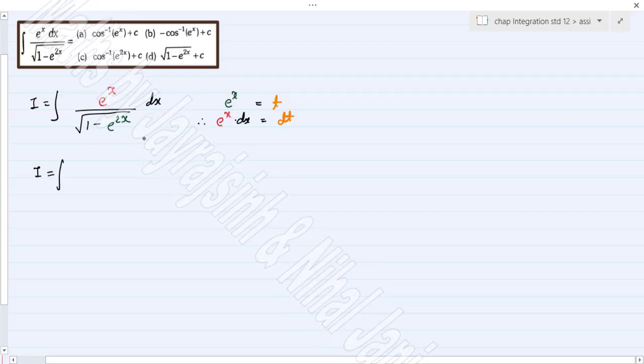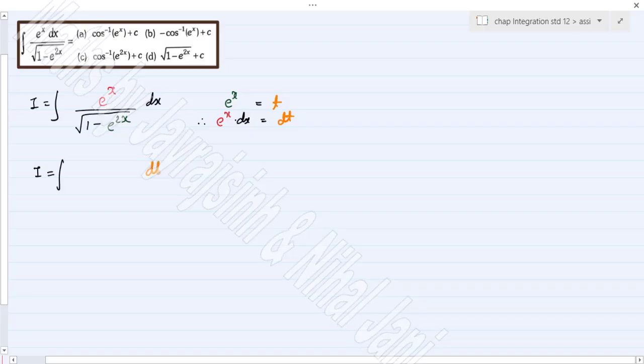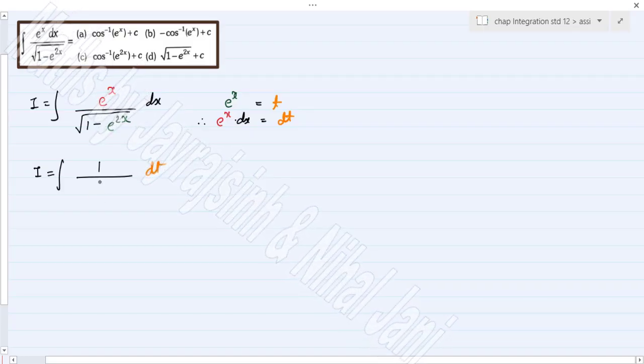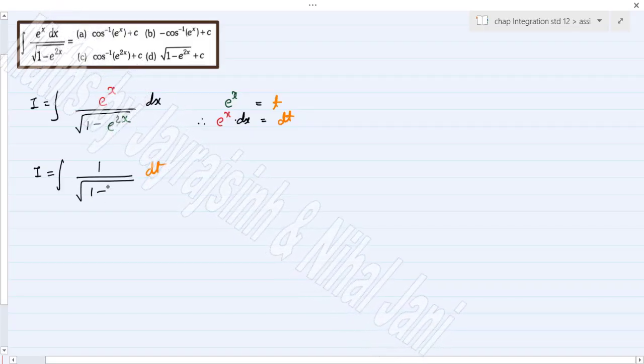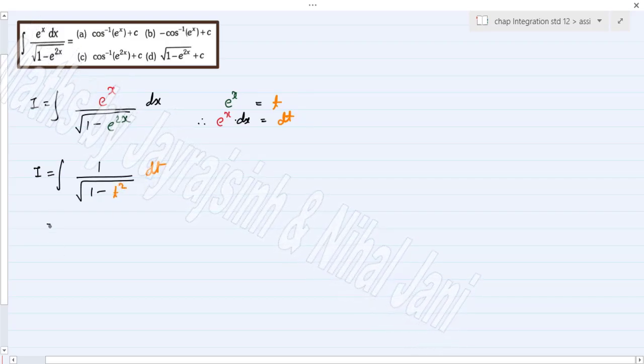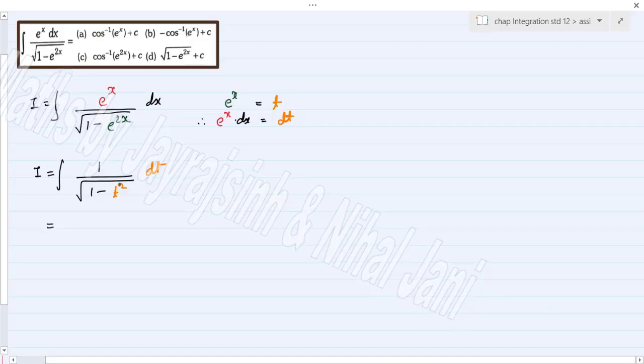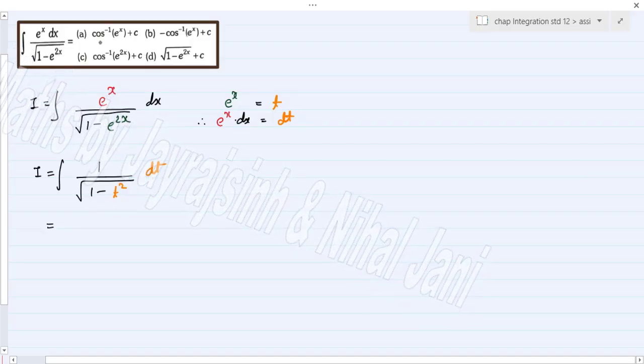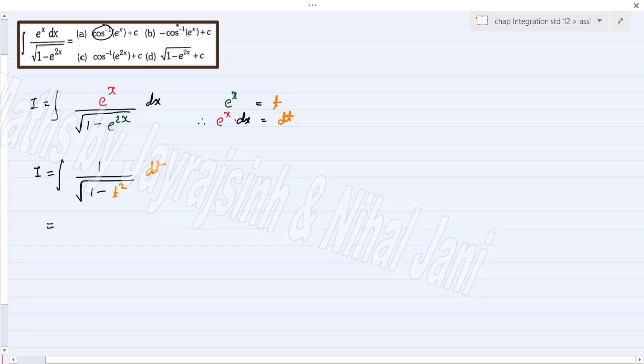This e raised to x dot dx will become your dt, and 1 upon under root of 1 minus e raised to 2x will become 1 upon under root of 1 minus t square. Now we have to integrate 1 upon under root of 1 minus t square, and the answer must be in terms of cos inverse.